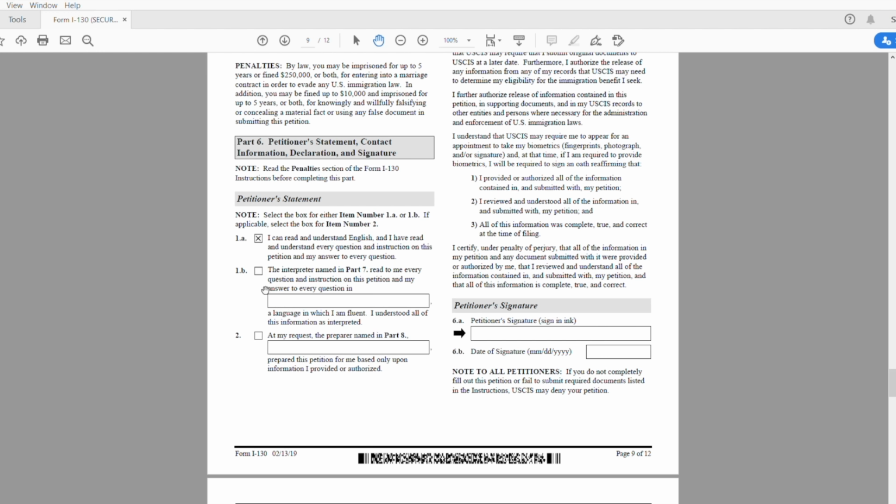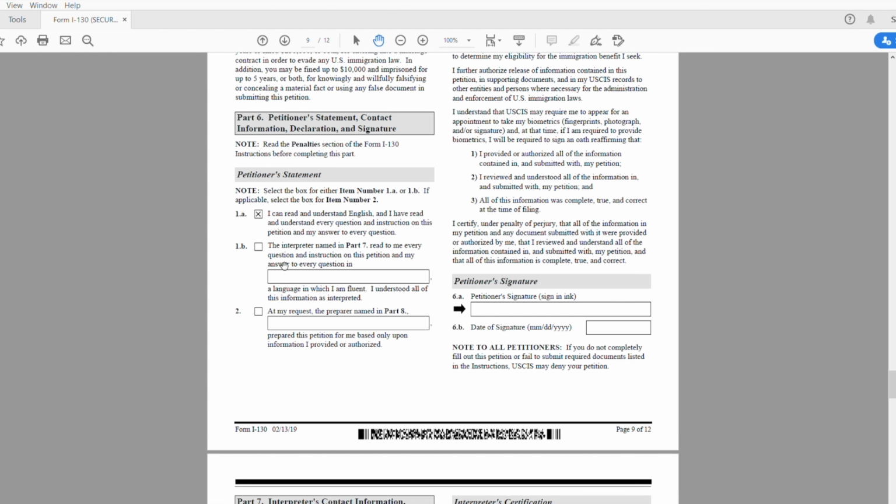If Mr. Patel needed an interpreter, he would indicate 1B, and the interpreter would have to indicate in what language they've read all of the form to the petitioner. If you have an attorney in this case, you would hit number 2. At my request, the preparer named in blank prepared this form for me based only upon the information I approved or authorized.